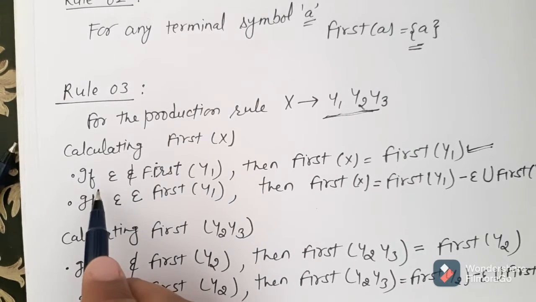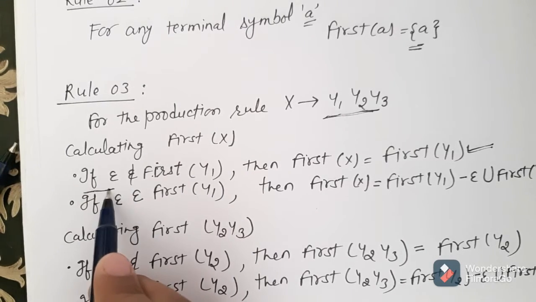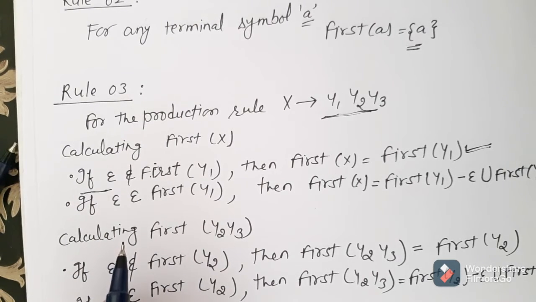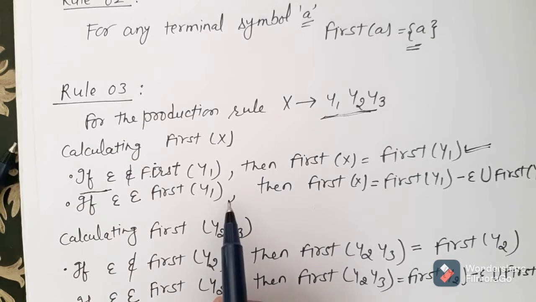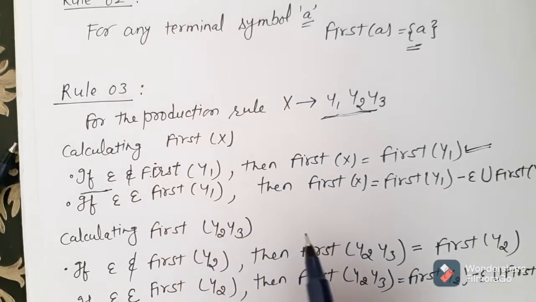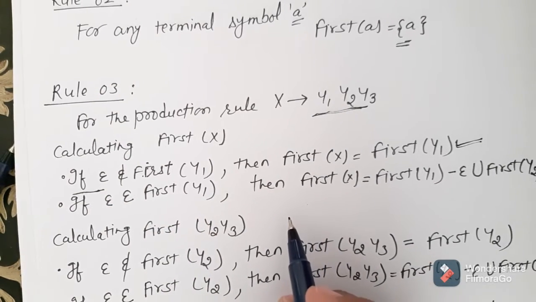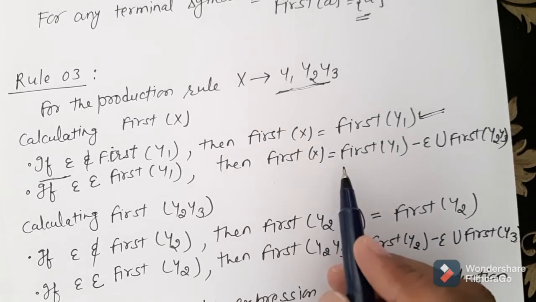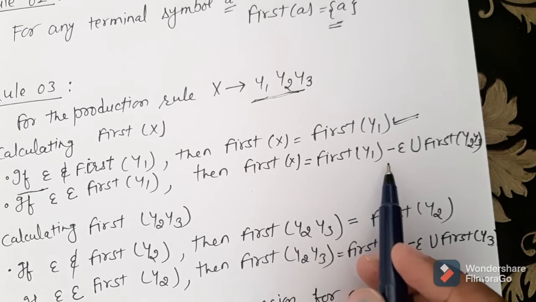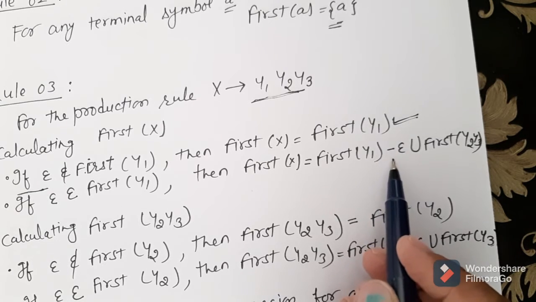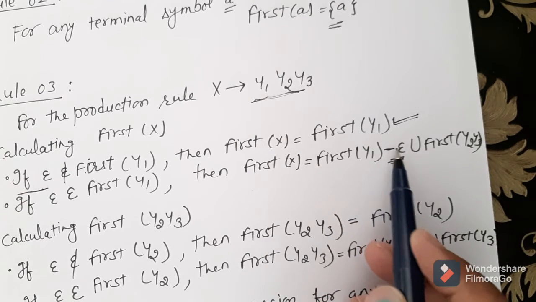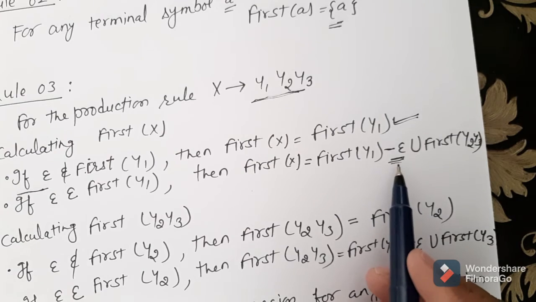That's why we always omit epsilon as a first symbol. And now go further. If epsilon belongs to first of Y1, now I am taking the second case. If epsilon exists, then how to calculate the first? Then first of X is equal to first of Y1 minus epsilon, meaning don't take this epsilon.